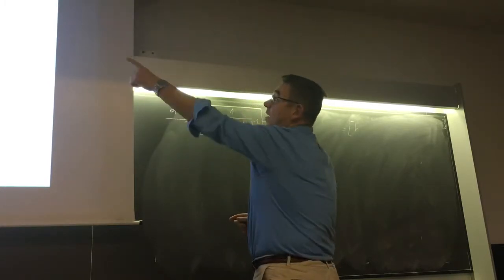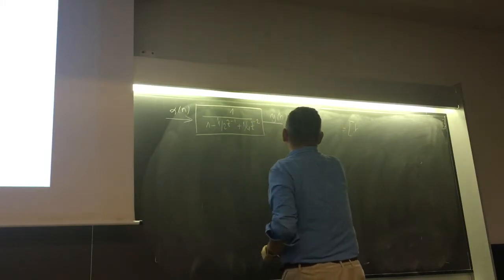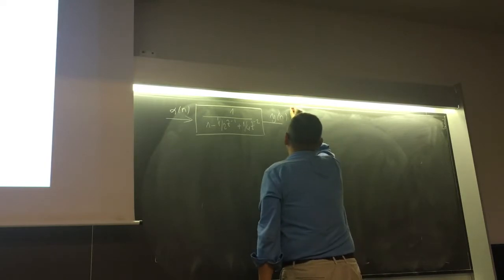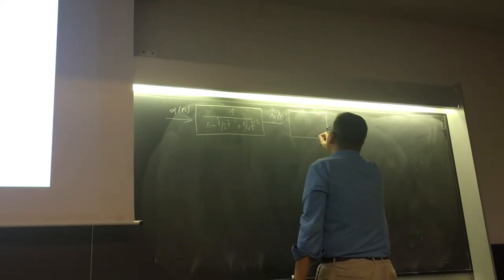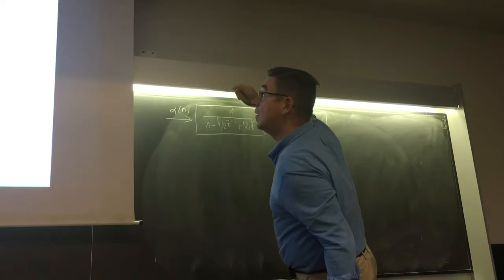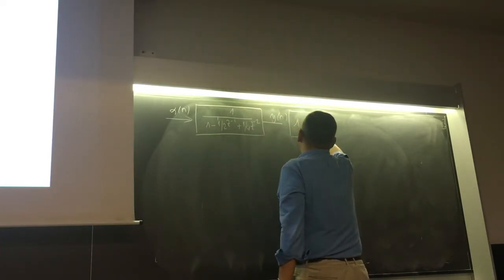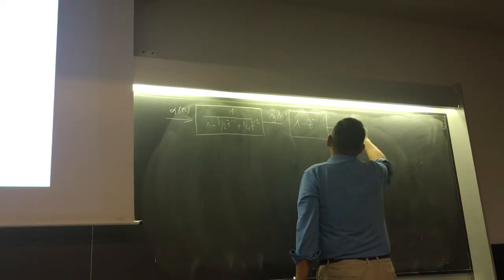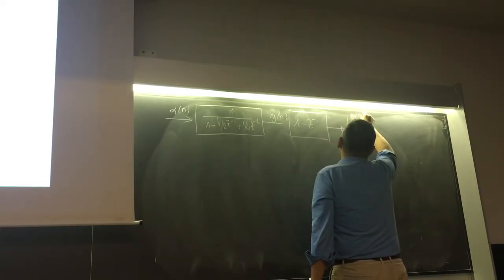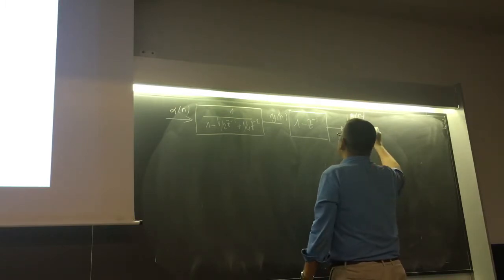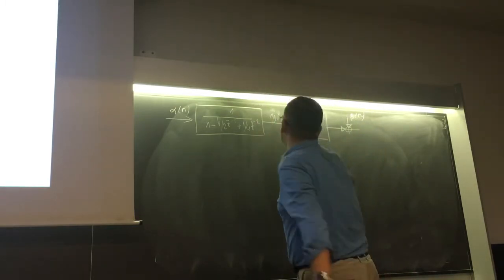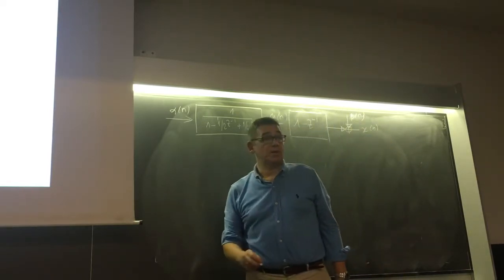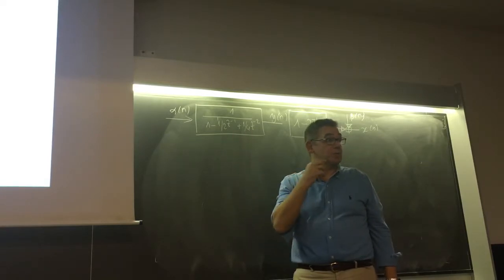Now x is obtained by filtering y by 1 minus d to the minus 1, summing beta. And this is called x. Okay, so this is the block diagram corresponding to this part.